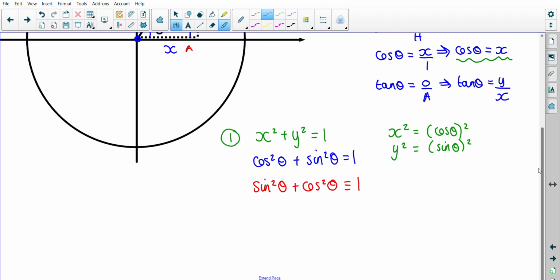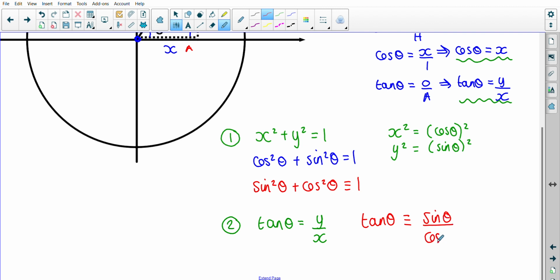The second identity comes from just looking at this bit here, the tan theta bit. So tan theta equals y over x. I already know what y is and what x is. So the next identity, when I substitute those in, change to an identity symbol, will be y, which is sine theta, divided by x, which is cos theta.